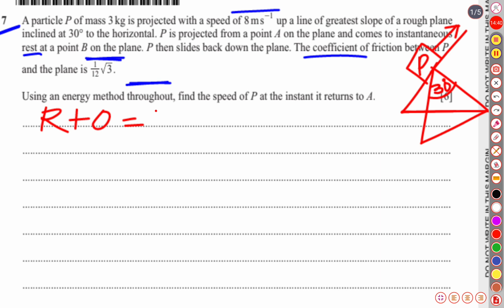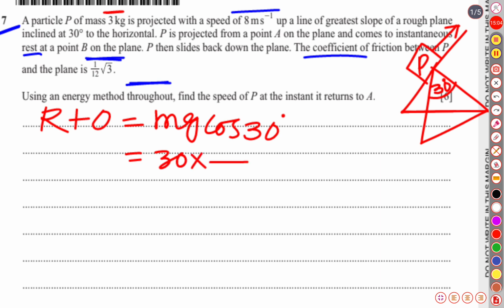So weight is mg cos 30 degrees, and it is going to be, the mass of the particle is 3, so 3 into 10 is 30, and cos 30 is actually square root of 3 over 2. So finally our normal reaction is what?